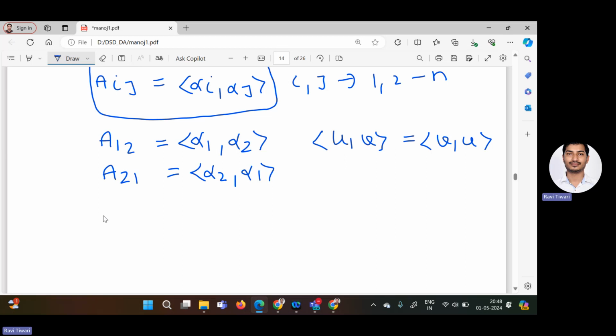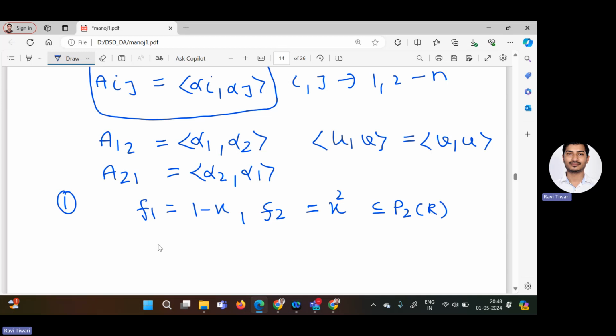So let us consider one example, the first problem based on this matrix representation. Let us assume that the first basis F1 is 1 minus x, and the second basis F2 is x square. These two are in P2(R), which means the set of all polynomials of degree at most 2.